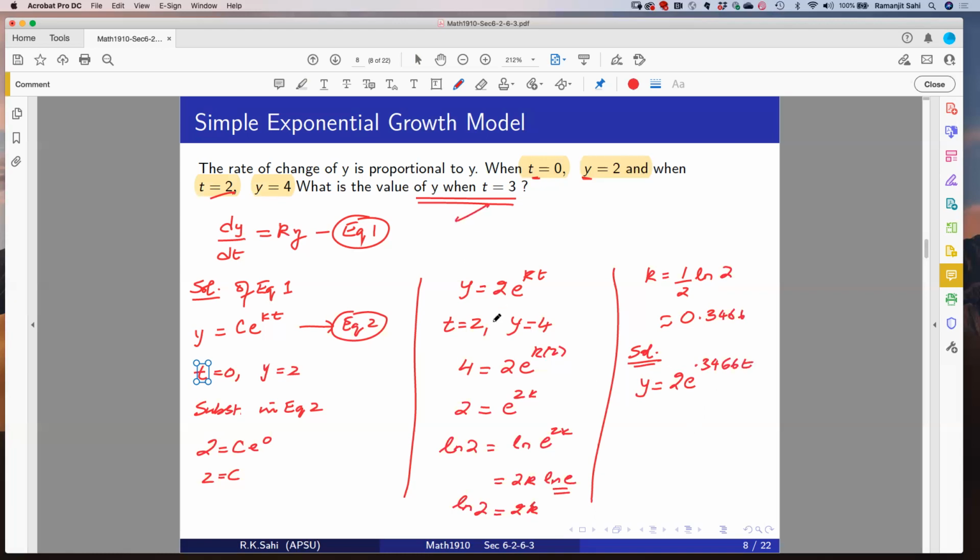Now we can find the answer for the value of y when t is 3. So when t is 3, y is 2 e to the power 0.3466 times 3, which is approximately 5.6567.